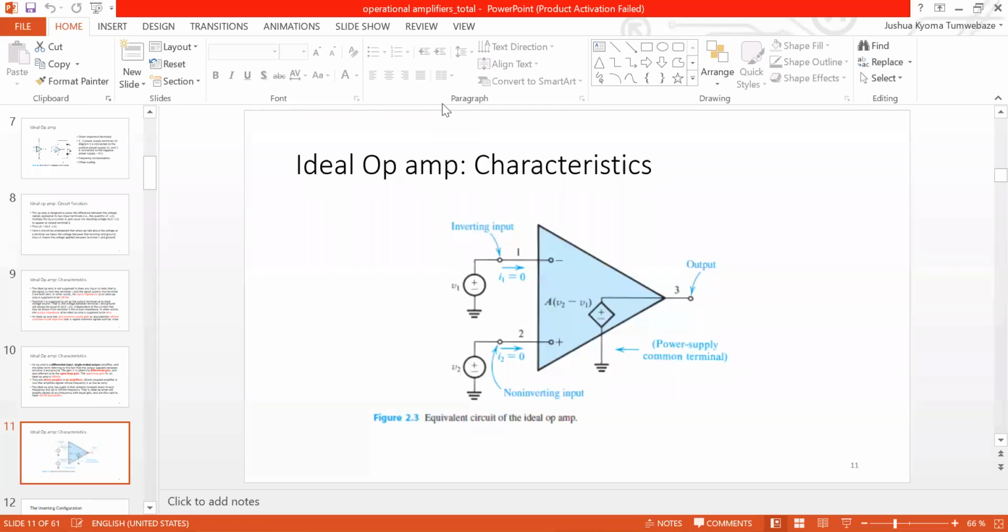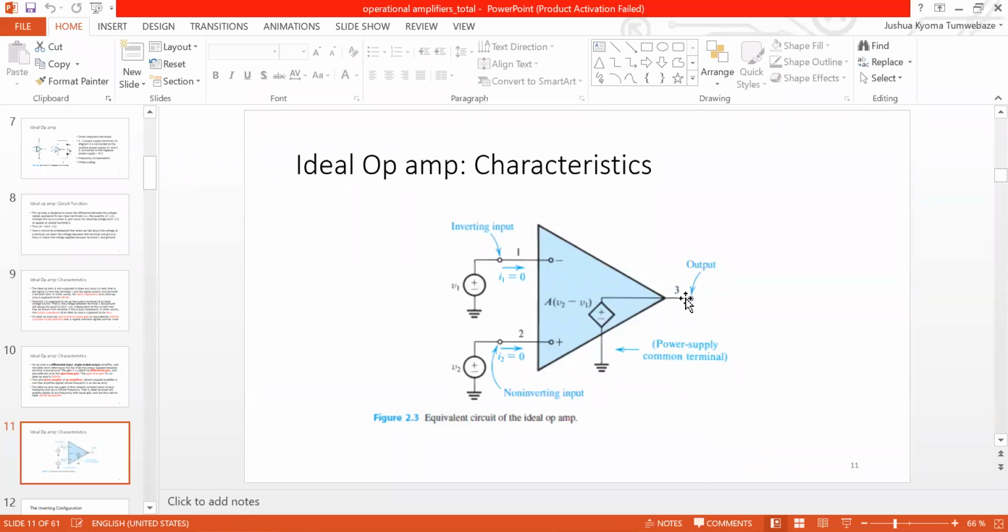So the zero common mode. Now we're saying common mode rejection. Common mode simply implies that the signals are the same, that means V1 is equal to V2. If we apply a signal, say V1 is 1 volt and V2 is also 1 volt, what will the output be? What is V3?